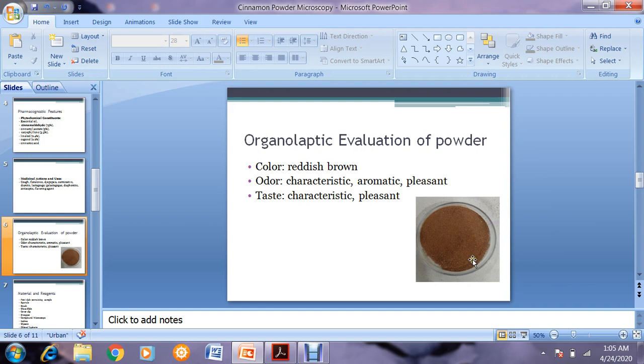Odor is characteristic, aromatic due to the presence of a large quantity of volatile oil in it. The odor is aromatic and pleasant. Similarly, the taste is also characteristic and pleasant.